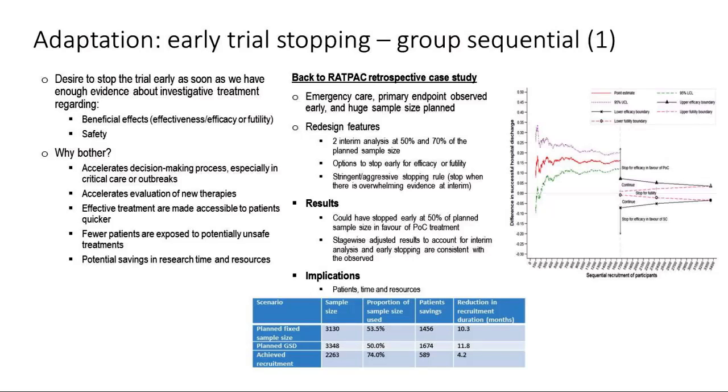Yes, I have a question more or less similar to his. When you design a study, in case you're intending to do interim analysis, you also set the stopping rules, what rule you will use for futility or for effectiveness.